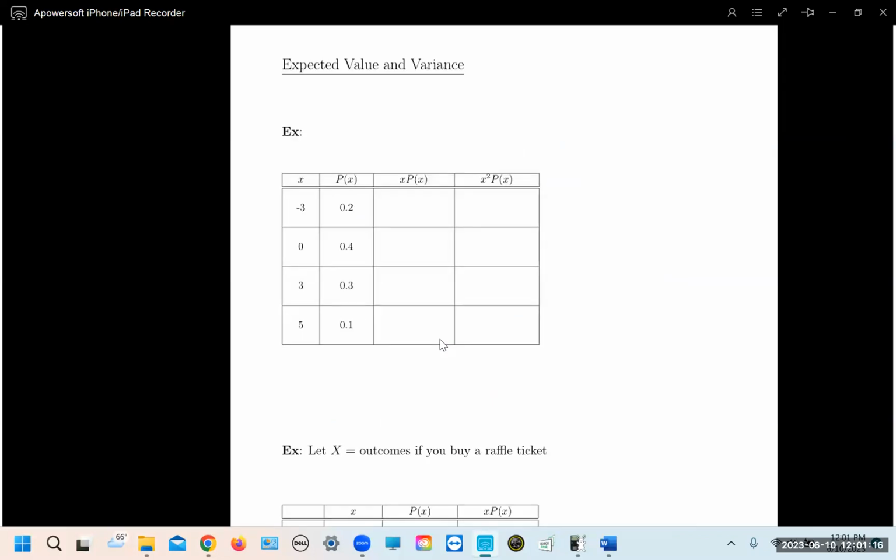So expected value and variance. The expected value we can say is E of X equals mu, and this is the sum of x times p of x.